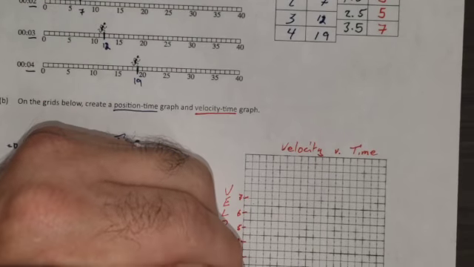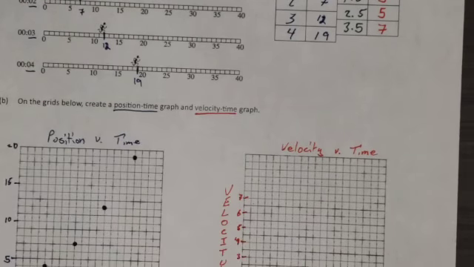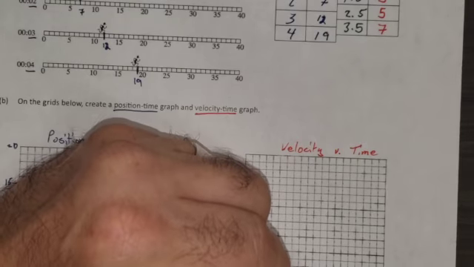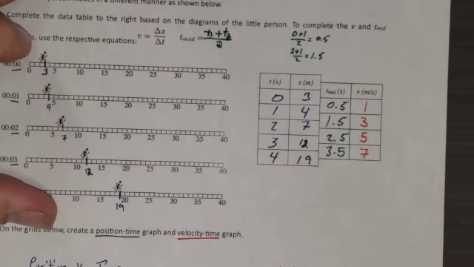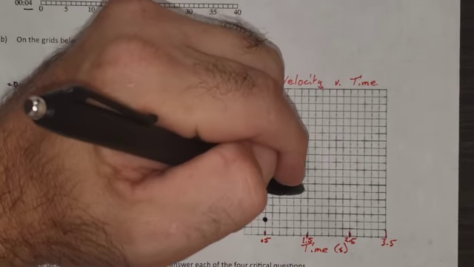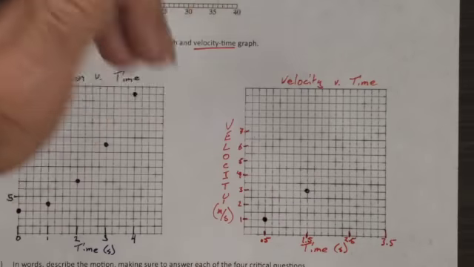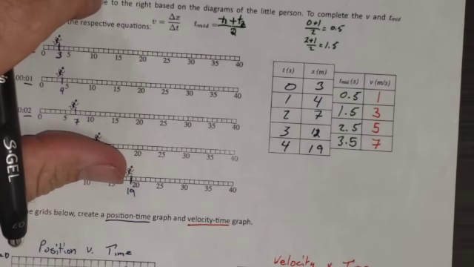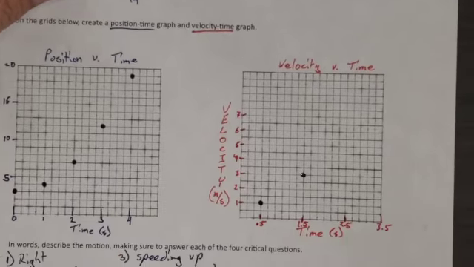All right, so at 0.5 time, our velocity is 1. I'll do that in green. At 1.5, our velocity is 3. At 2.5, our velocity is 5.